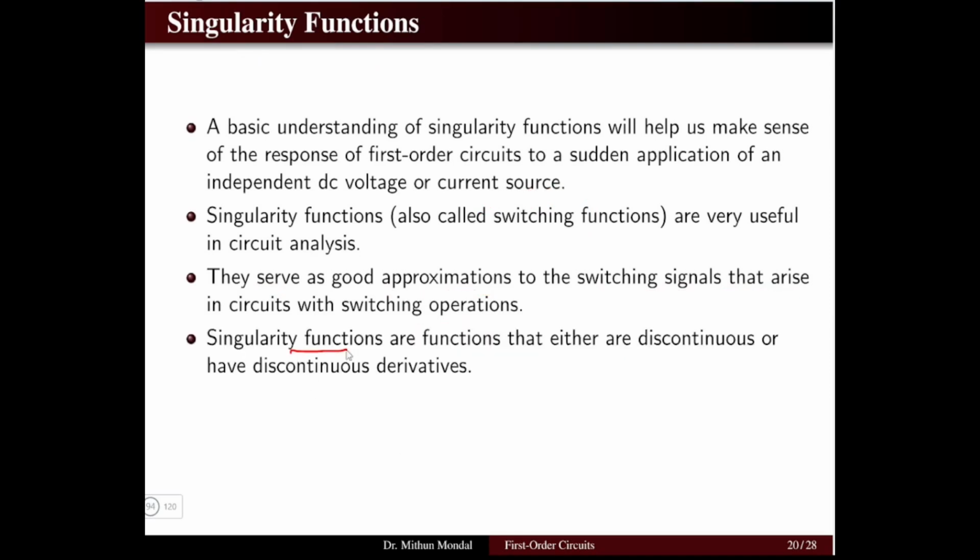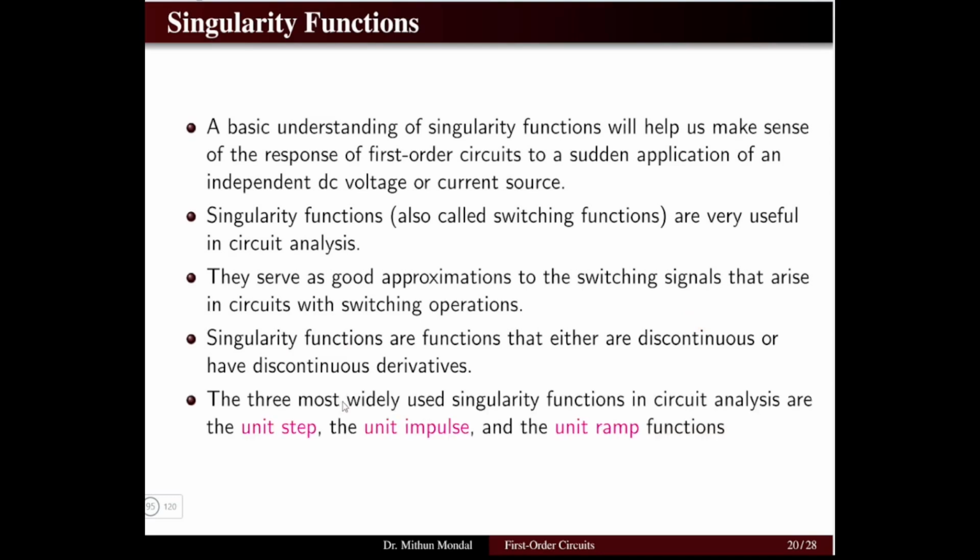The singularity functions are the functions that either are discontinuous or have discontinuous derivatives. Because of the switching operation, your circuit or the source applied in the circuit is no longer continuous; rather, it is a discontinuous application of the source and will have a discontinuous derivative.